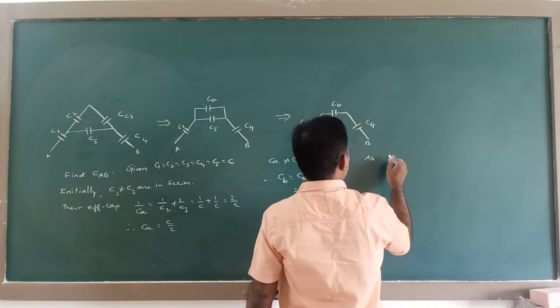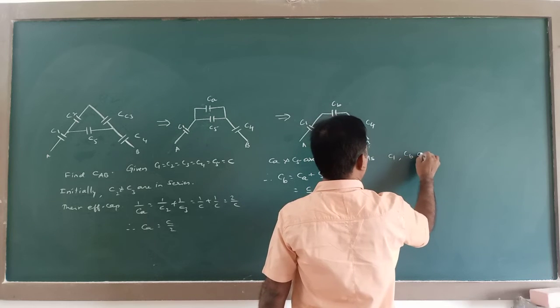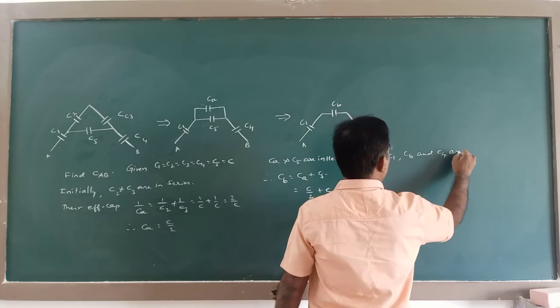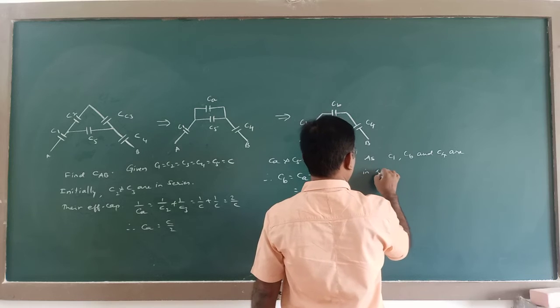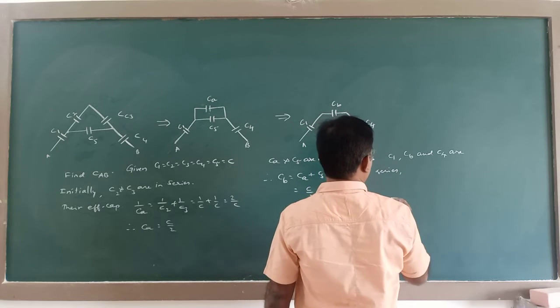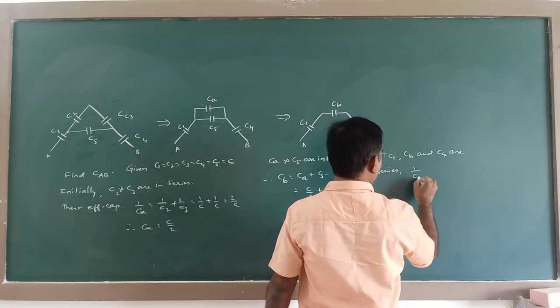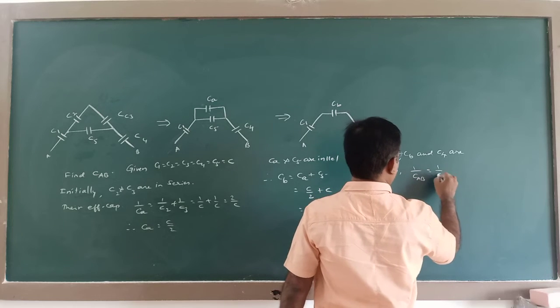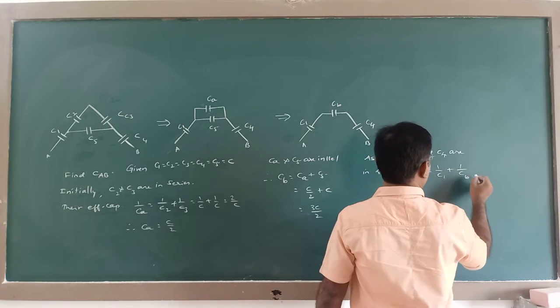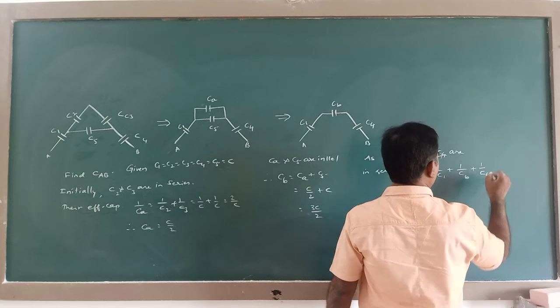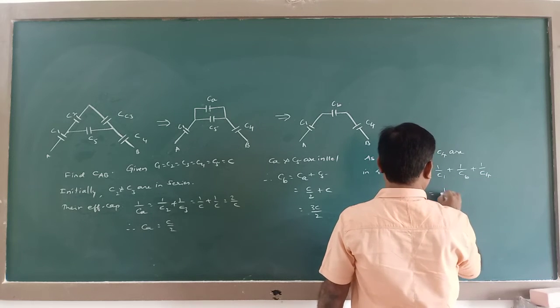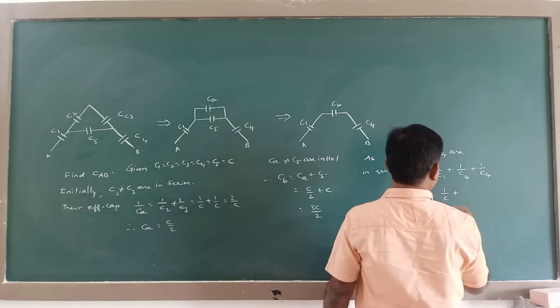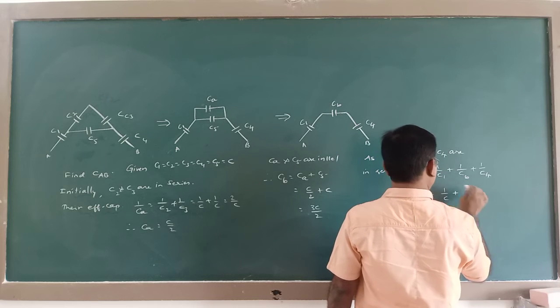So as C1, CB and C4 are in series, 1 by CAB is 1 by C1 plus 1 by CB plus 1 by C4. So this is 1 divided by C, and the CB is 3C by 2.